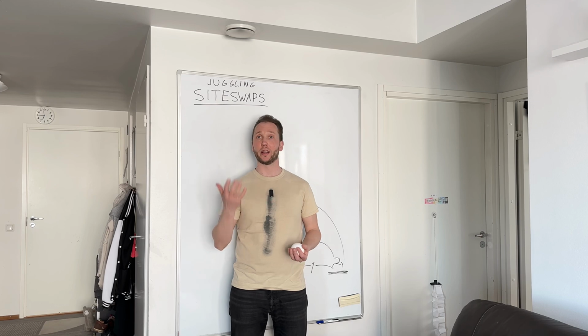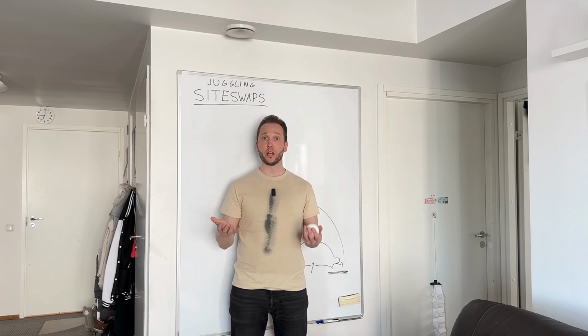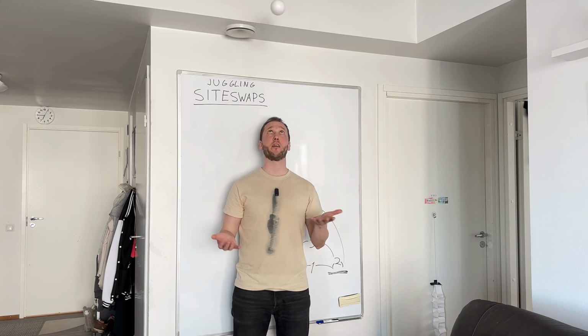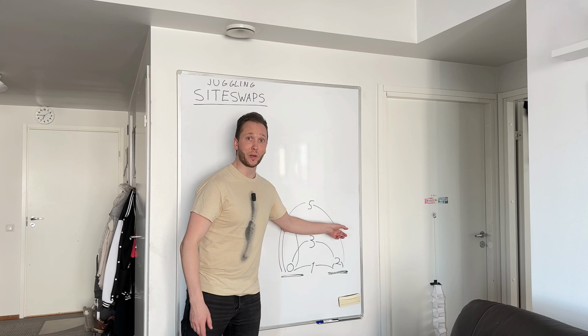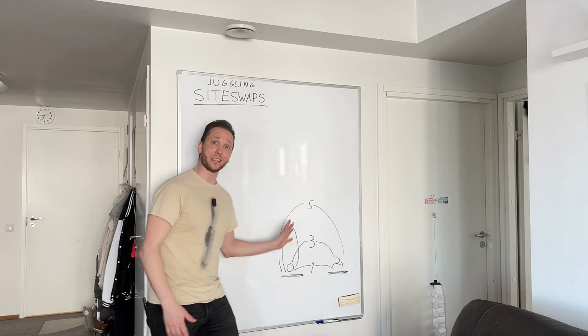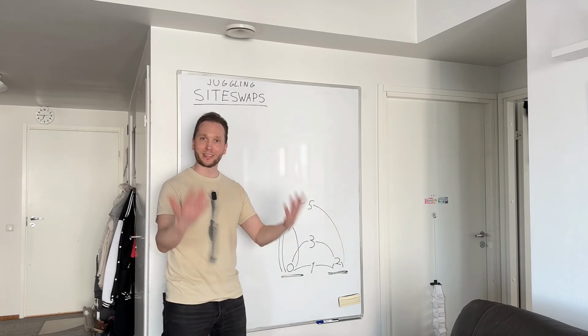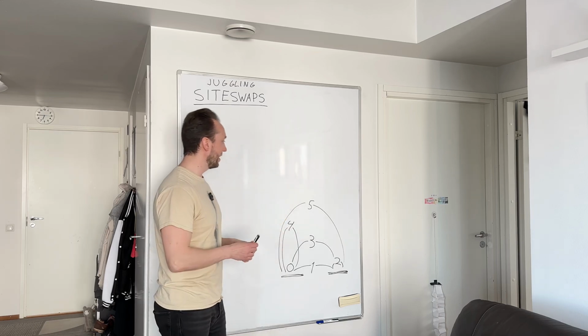So we had 0, 1, 2, 3, 4, and 5. Obviously, we can put the 4 on this side as well. It doesn't matter here, it's just a picture of examples, so you get the idea.